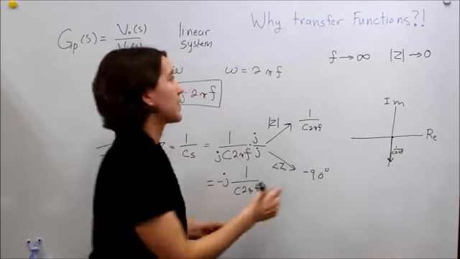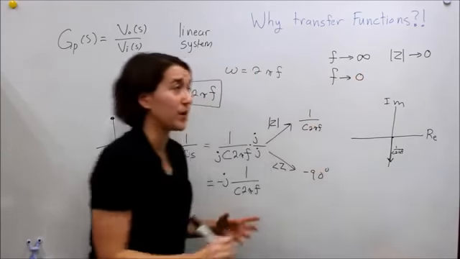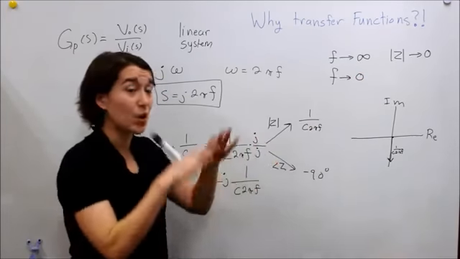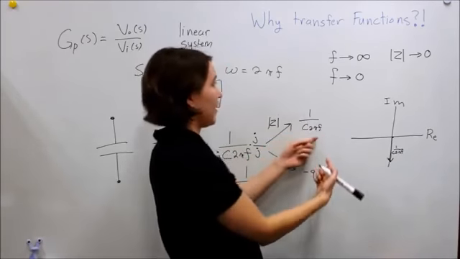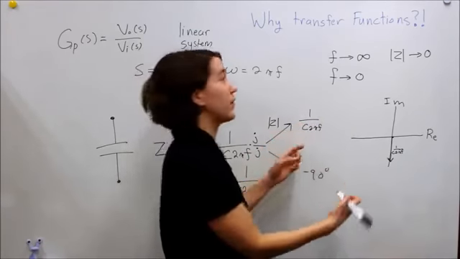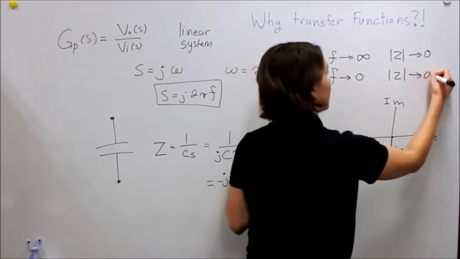And if we do the opposite, if we take f going towards 0, which is DC, no changes in the signal, just DC, then we see that the magnitude of Z goes to infinity.